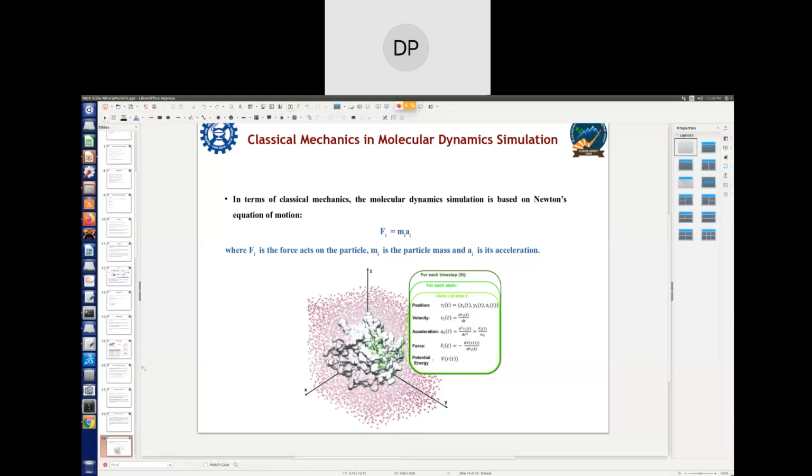After every particular time step delta t, which I will show on the next slide, we need to calculate this F, and based on this F we observe the position of the atoms. After having all these positions, we will apply a numerical solution, that is, we will solve this equation with the help of another kind of function, the Verlet algorithm, which I will show you in the next stage.